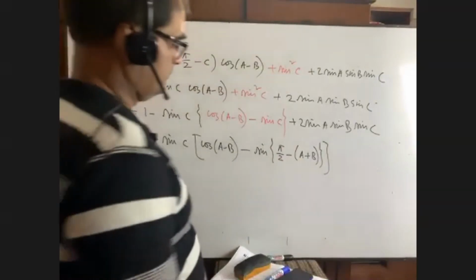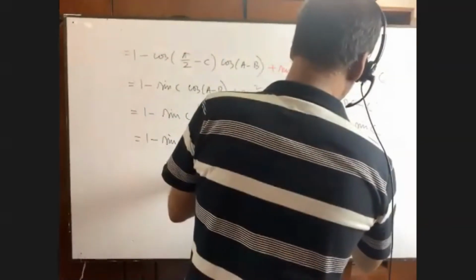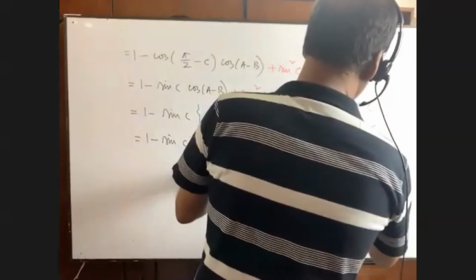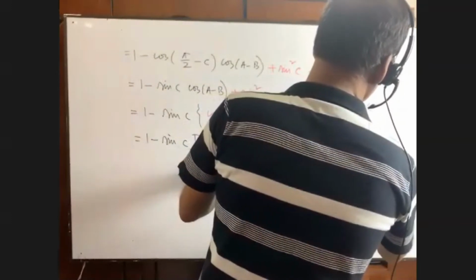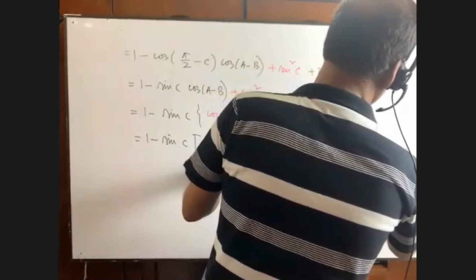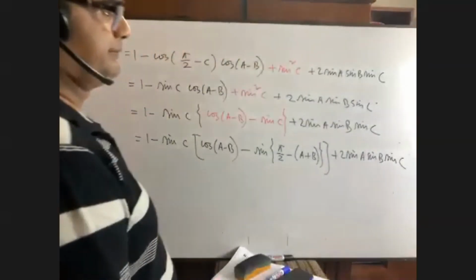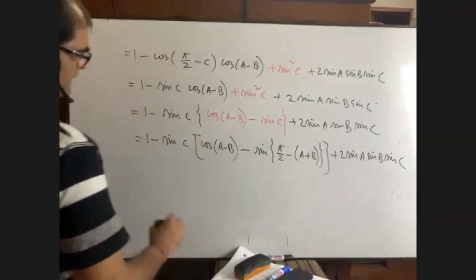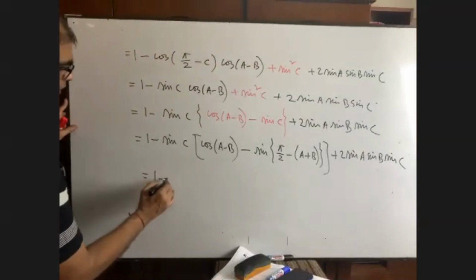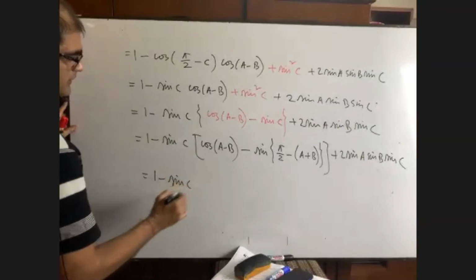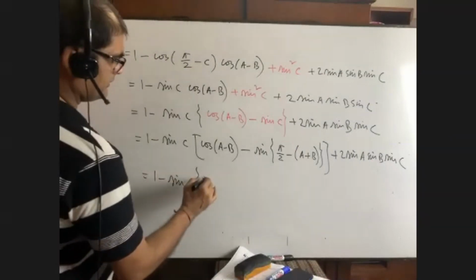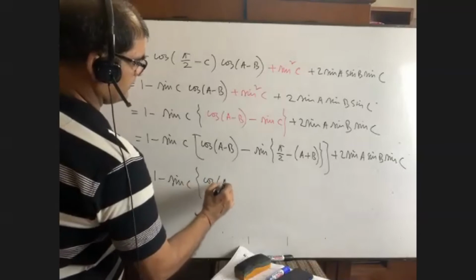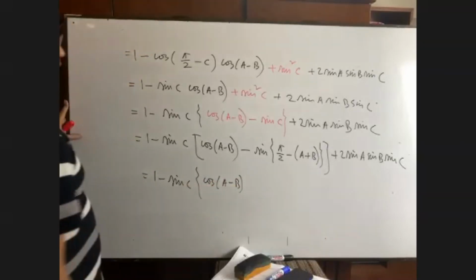Now it is 2 sin A sin B sin C. This is 1 minus sin C, and the second bracket is cosine of A minus B. In which quadrant does it lie?